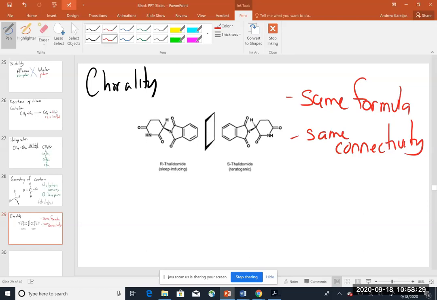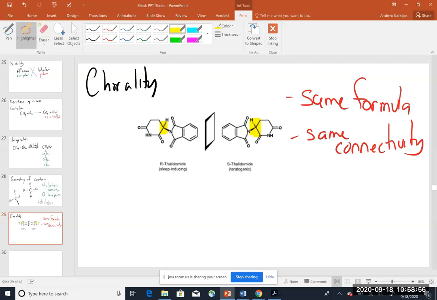So what's different about them? What's different is right here. And what's different about them is the direction that the atoms are pointed in. And that might not seem like a big difference. Does it matter if an atom is pointing up or pointing back?